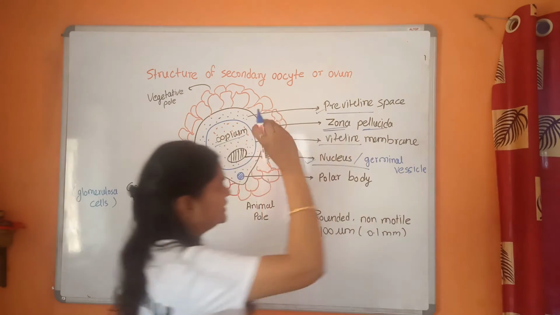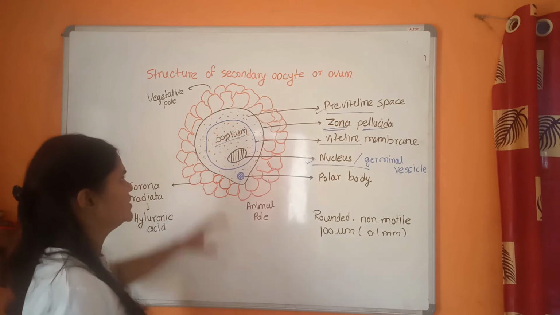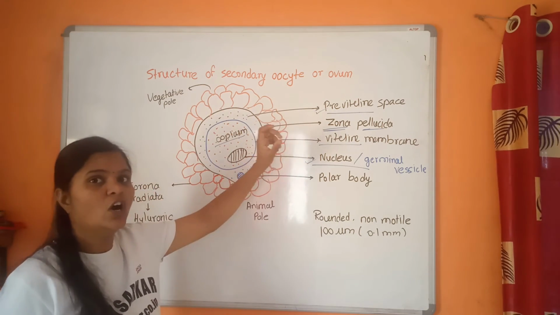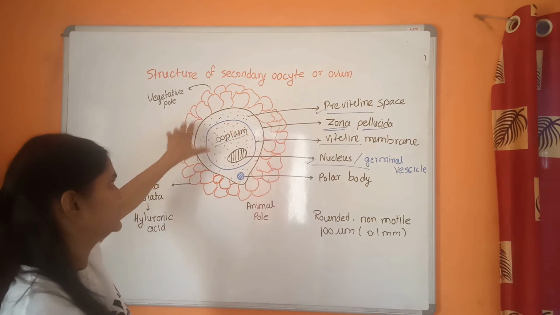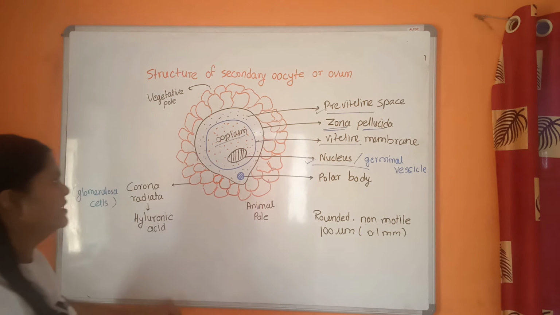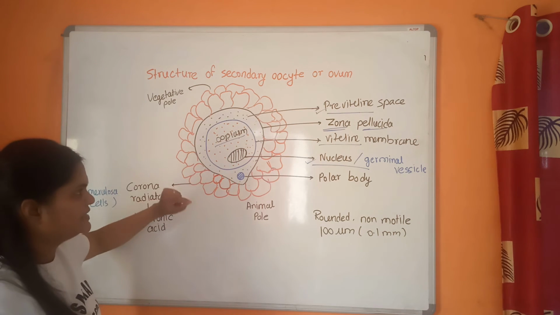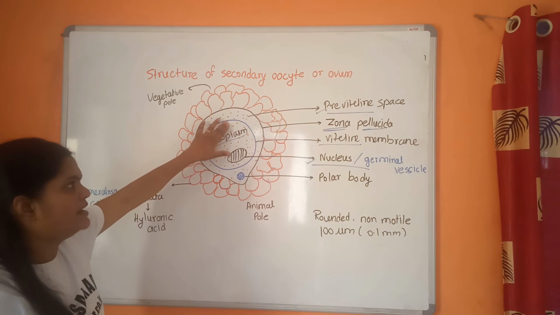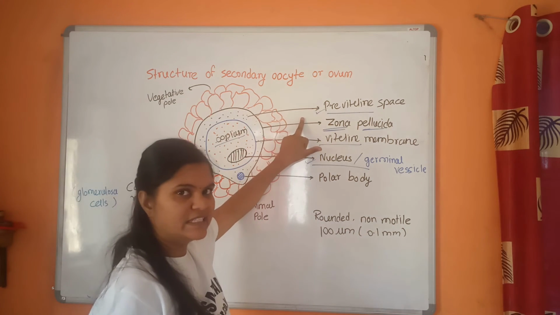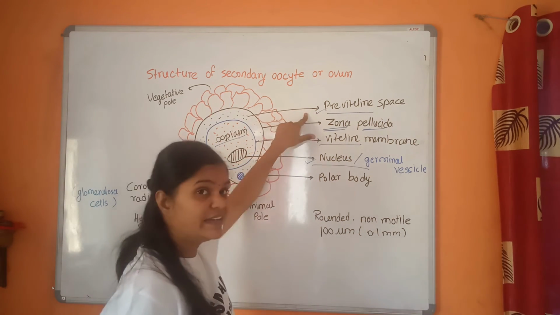The zona pellucida is a hard covering made of carbohydrate and glycoprotein. It is the glycoprotein layer. The space present between the vitelline membrane and the zona pellucida is called the perivitelline space. What is the perivitelline space?